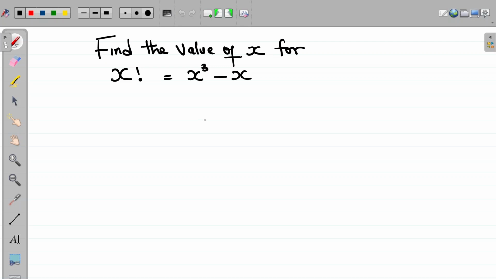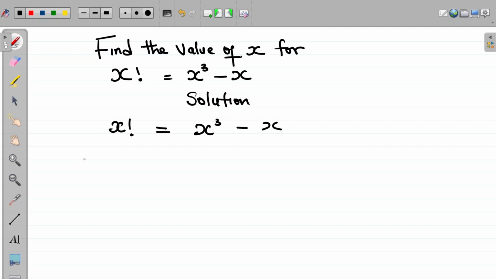Hi, we are asked to find the value of x for x factorial equal to x cubed minus x.